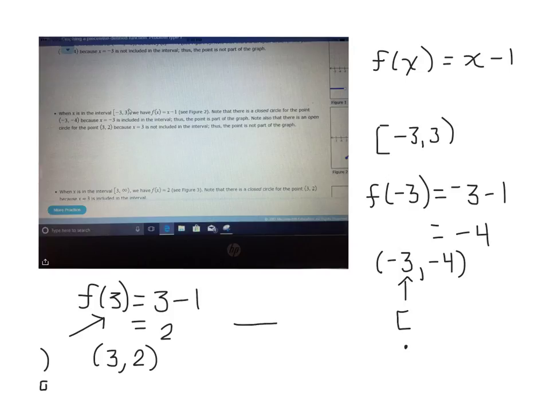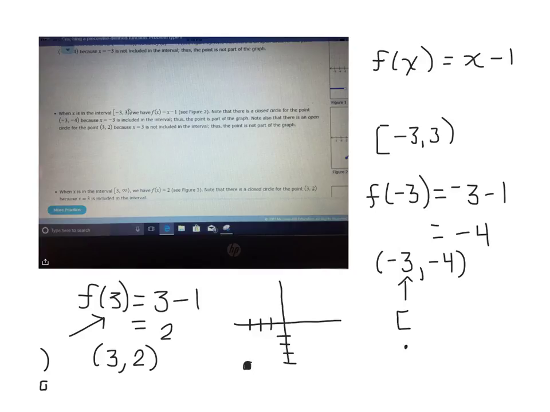So let me draw a quick little sketch of what this would look like. We have 2 points that we've determined. We've got one at -3, -4, which we've determined is a closed circle, because that is a point on the graph, because -3 is included in the interval.